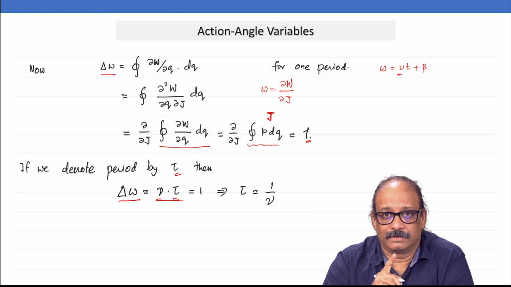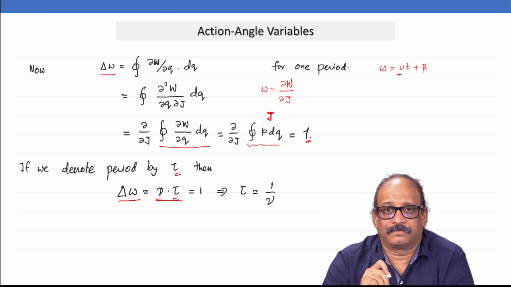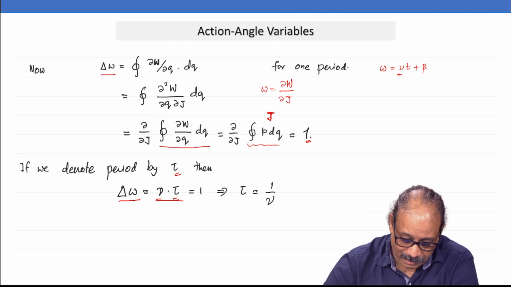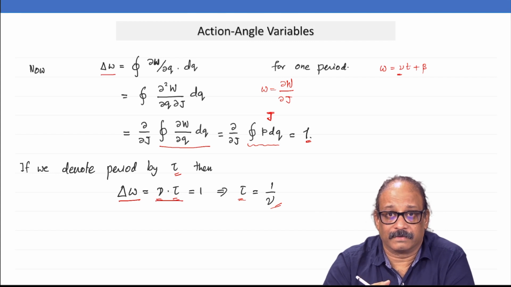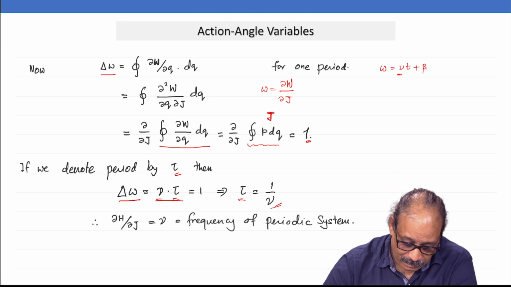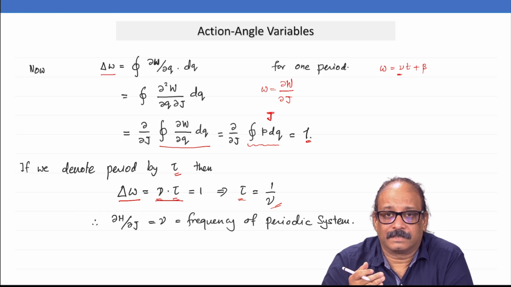Now, you see why I had used this symbol nu. Nu is a favorite symbol of physicists for frequencies. In fact, if tau is the time period, clearly nu is the frequency. And how did I get the frequency? It's just the partial derivative of H with respect to J.